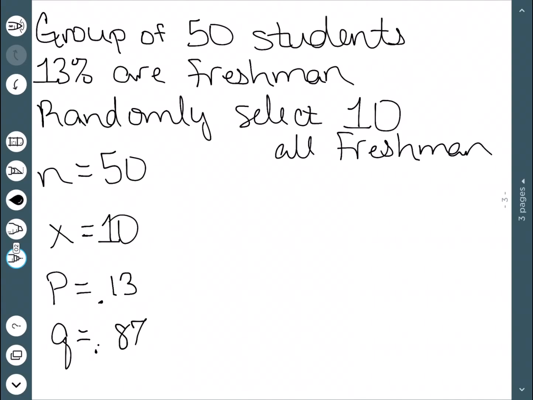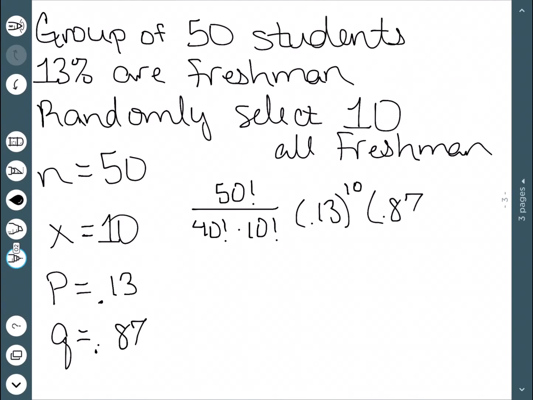Our formula then says n factorial over n minus x factorial times x factorial, all times p to the x power times q to the n minus x power.